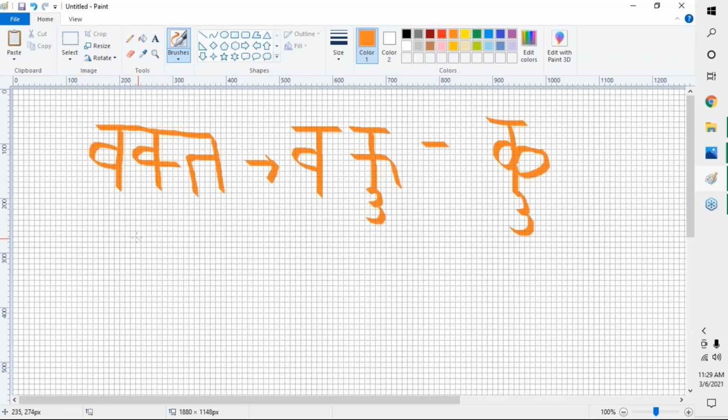Sure. As I mentioned, this K was half. K has a rule that whenever anything has to be written below it, it will not be written complete. There are many rules; this rule for now I showed you last time also. I told you, for example, when we were writing ku, it is written like this. So K has a rule that when anything has to be written below it, it will not be written full.